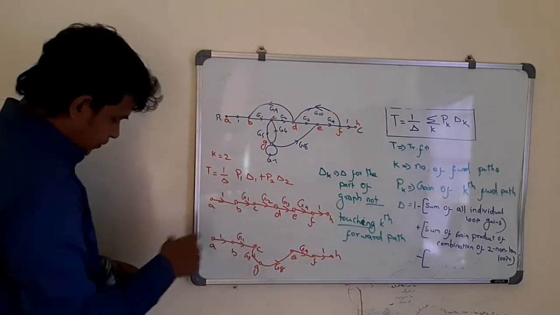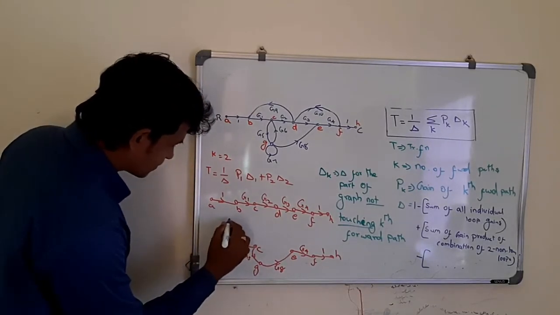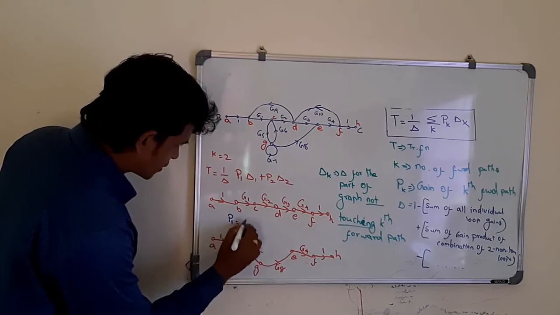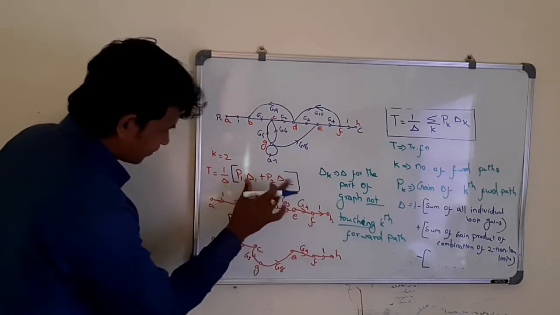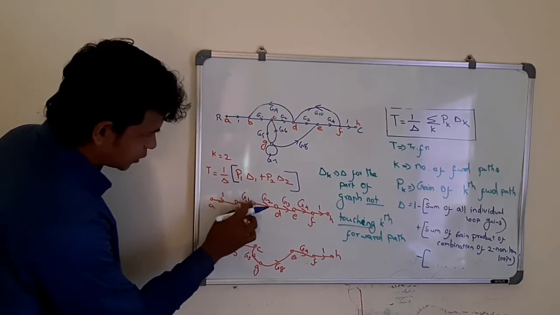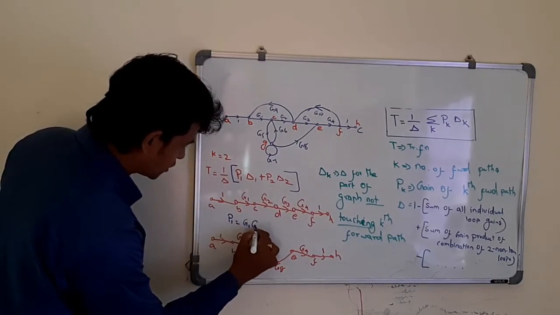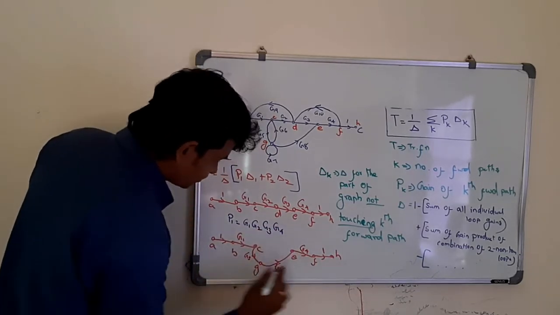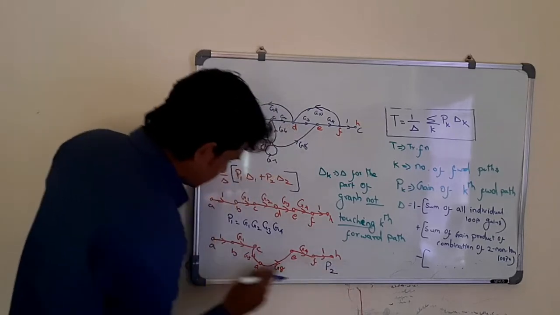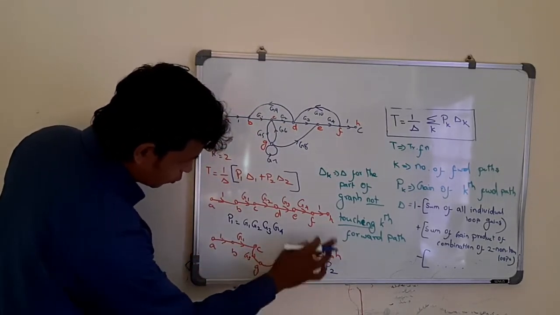Okay, now the forward path gain of the first forward path: P1 is equal to, now we are identifying P1, and this is very important. P1 is equal to 1 into G1 into G2 into G3 into G4 into 1. So it becomes G1 into G2 into G3 into G4. Similarly, P2 is equal to 1 into G1 into G5 into G8 into G4 into 1.